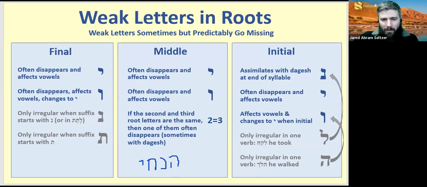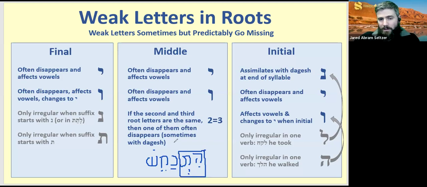You could also have hitnachesh. Let's see, hit nachesh. Let me just write it like that. I think that's right. Shva. So this hit is a so-called prefix, and there's a nun. It gets a prefix before it, but the biggest problem is when nun is at the end of a syllable and there's not a guttural letter following.